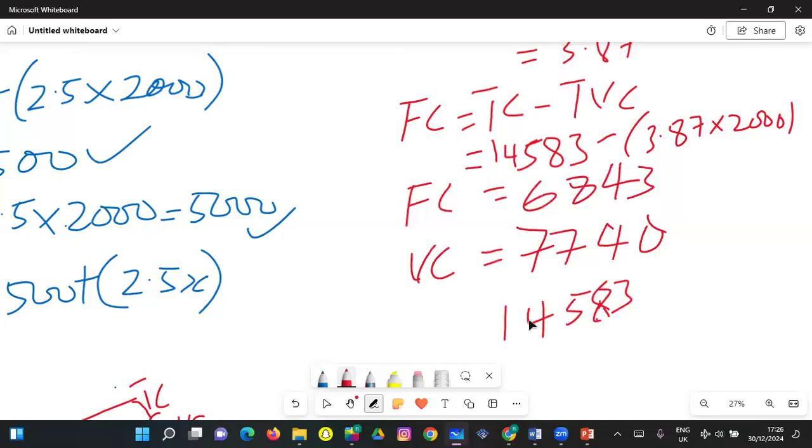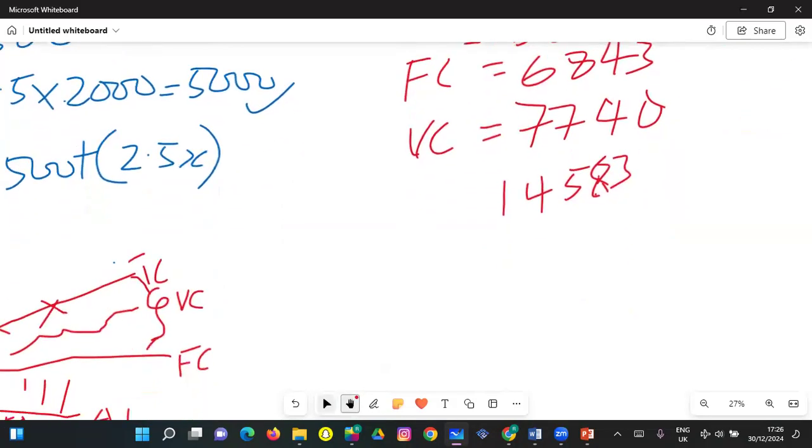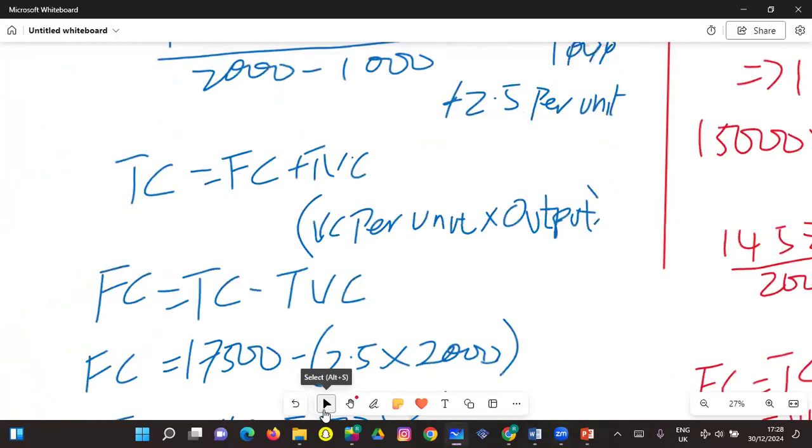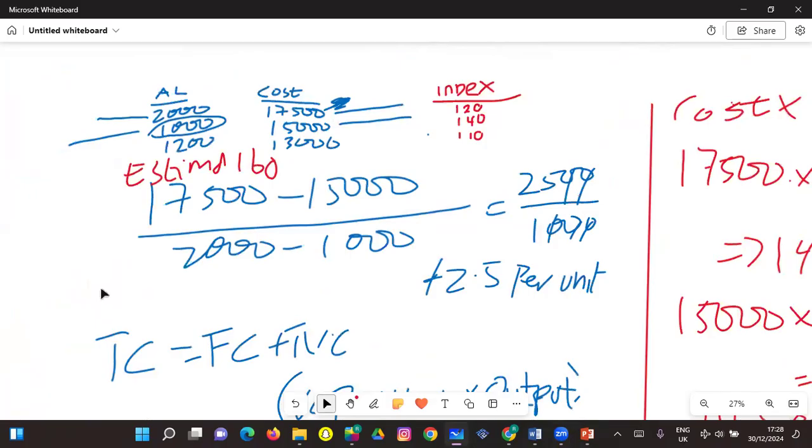Now, since we've been able to identify our fixed and our variable cost here, let's assume that they want to produce 3,000 units.